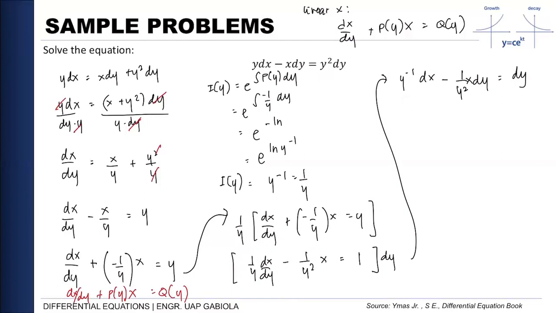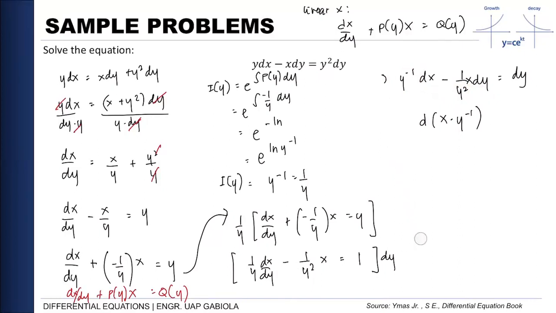Baka may connection silang dalawa. Okay? So, try natin, pag kinuha natin ang derivative, so ito is magkameron siya ng dx, no? Wala siya kasama dito. Ibig sabihin, may dinerive siyang x. No? Dito, magkameron siya ng y. Tapos, meron ng square. So, ibig sabihin, parang nag-derive siya ng y raised to negative 1. So, try natin i-derive ngayon yung differentials na x times negative y raised to negative 1.